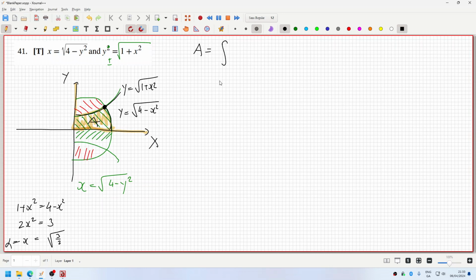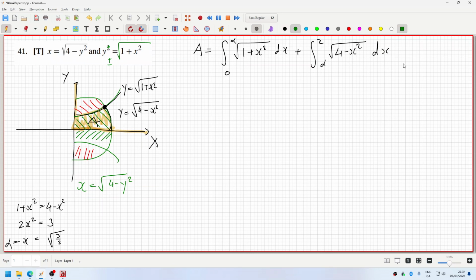So it'd be the integration from 0 to alpha root 1 plus x squared dx, and then plus alpha to 2 root 4 minus x squared dx. Now, this one we've seen.